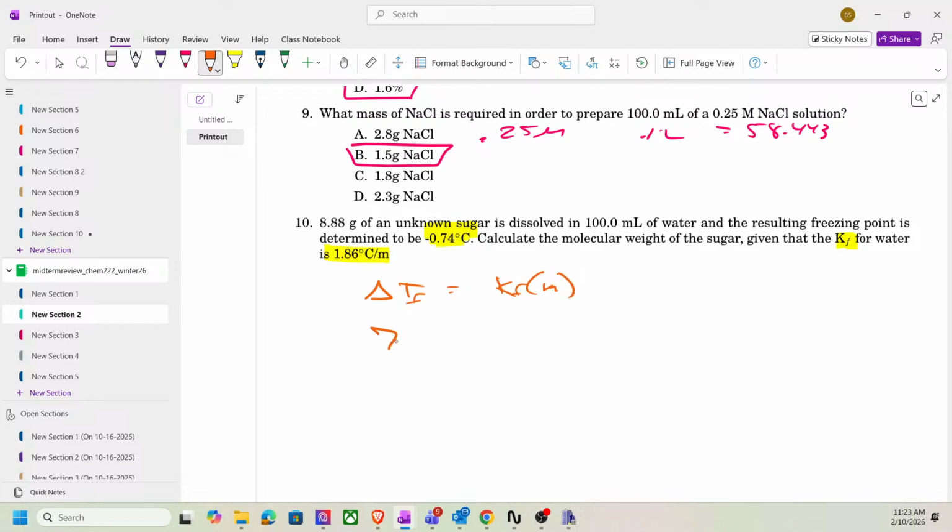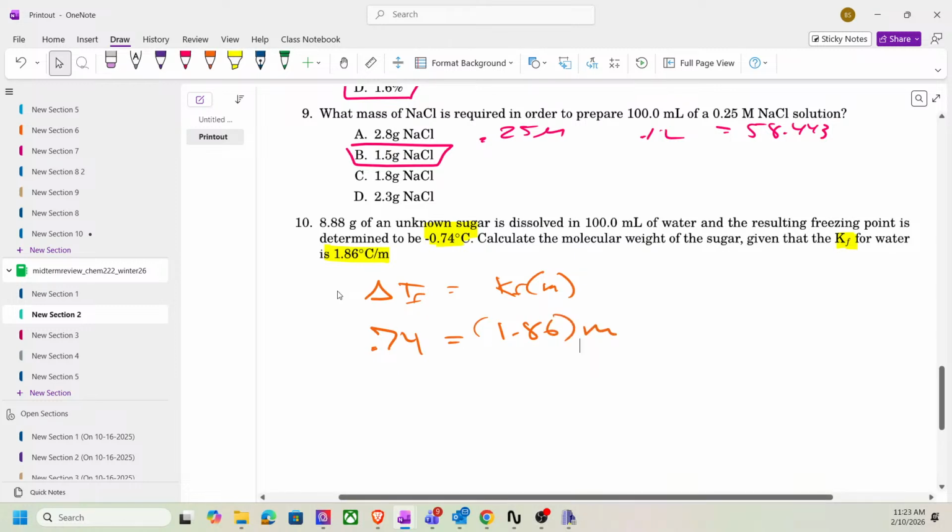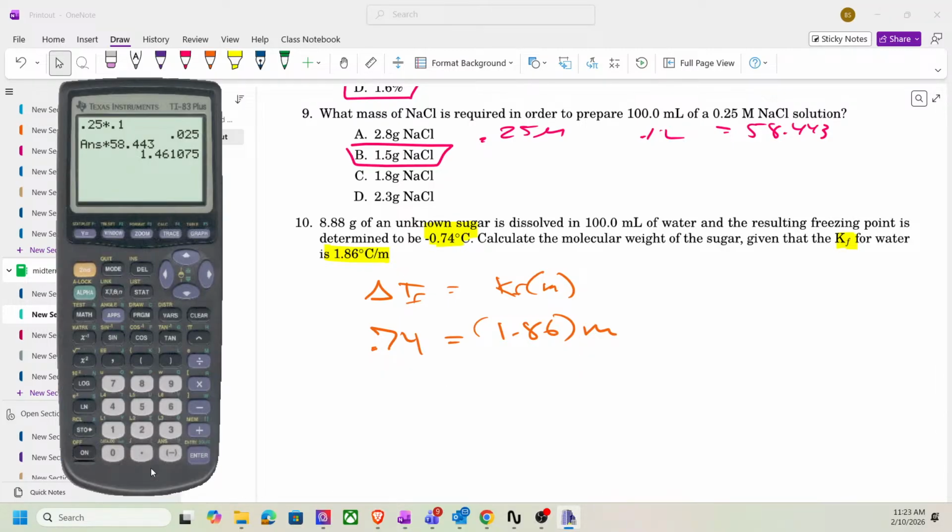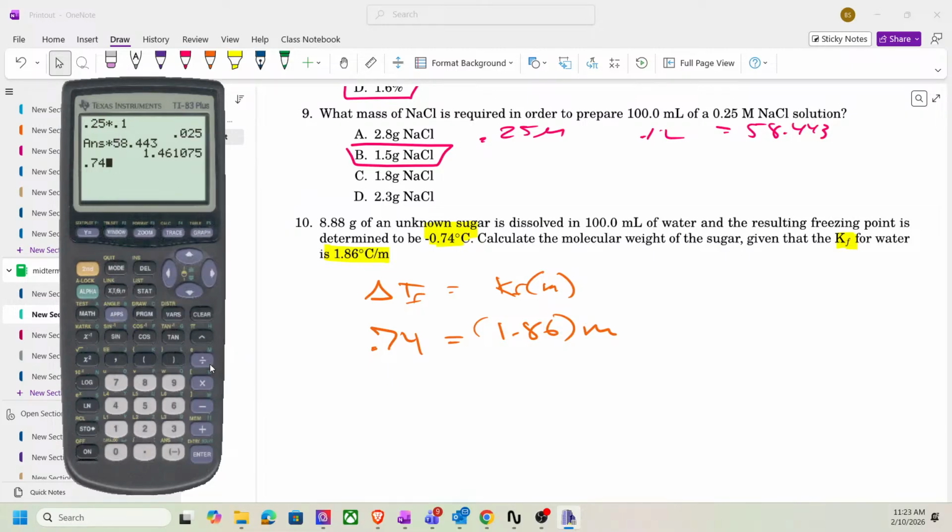So that means we have 0.74 is equal to 1.86 times our molality. Sorry, I misspoke earlier. Molality, right, from our symbol. And so let's go through that. So 0.74 divided by 1.86. And so I get this for our molality.